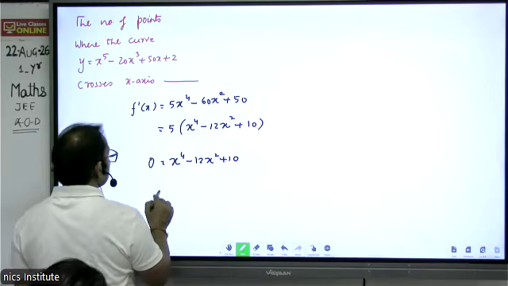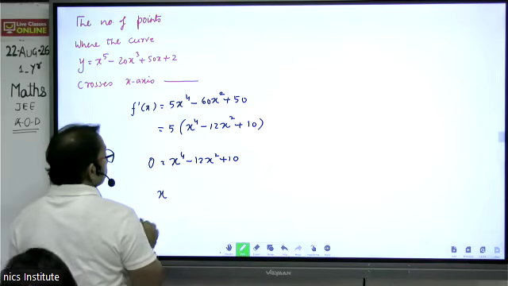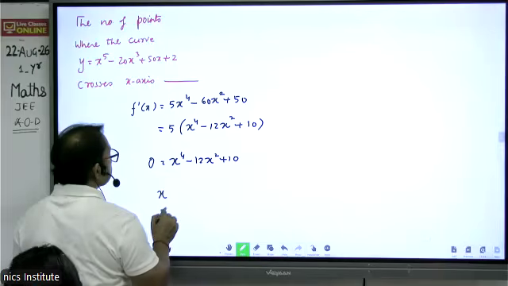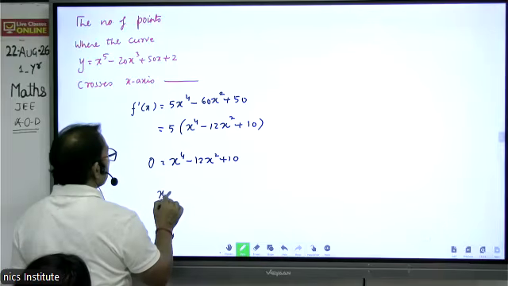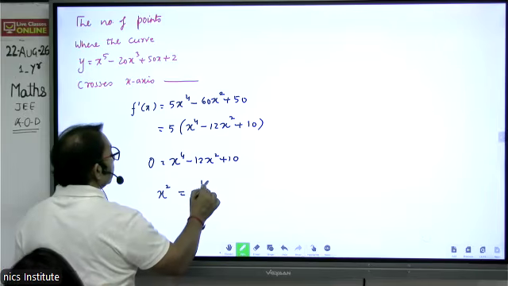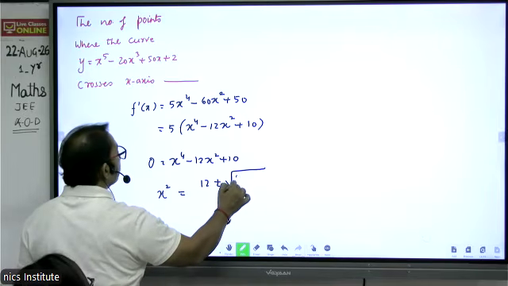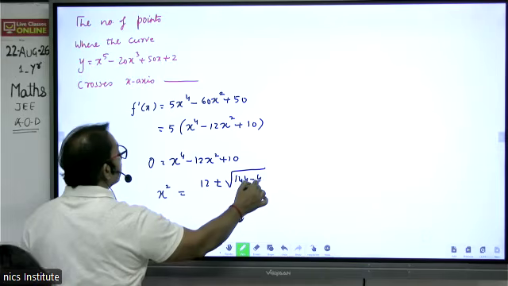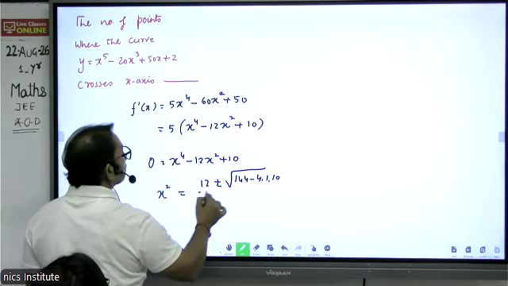The roots will be minus b plus minus square root of b square, which is 144, minus 4ac, by 2a.